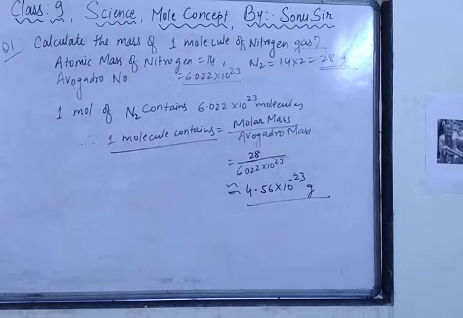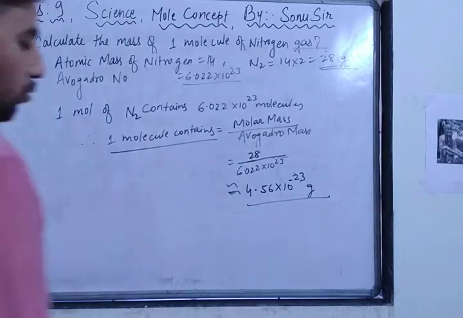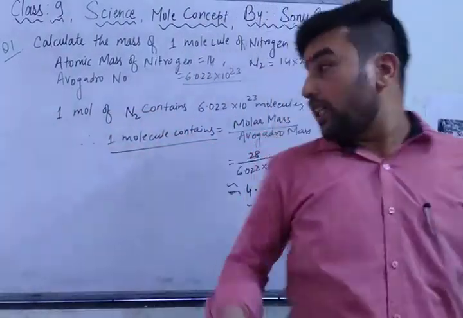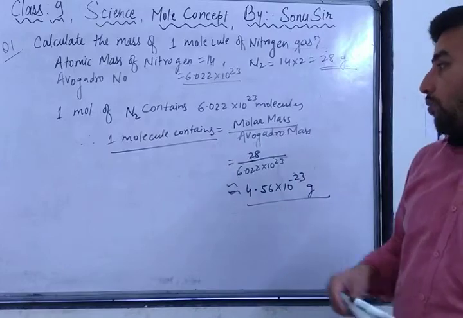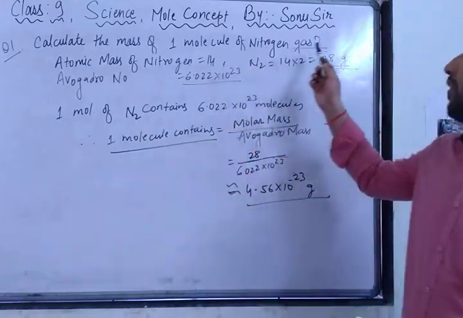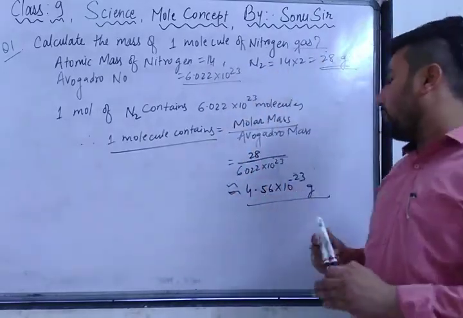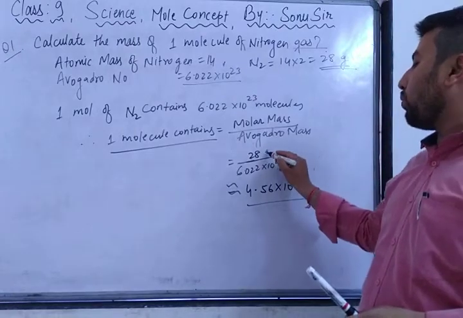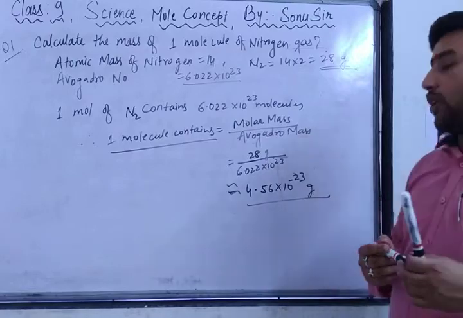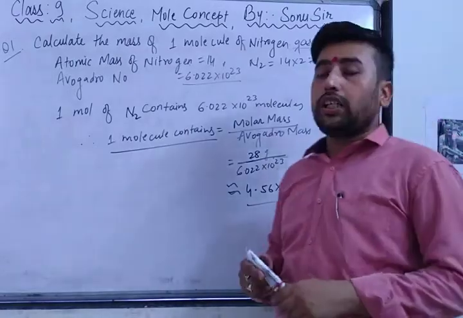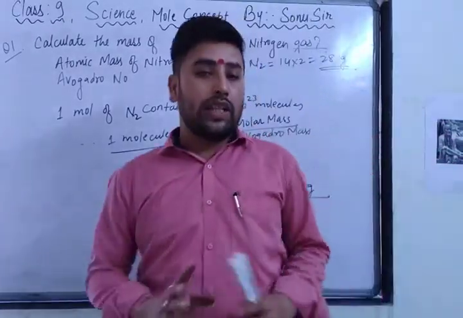Avogadro number 6.022 into 10 to the power 23. 1 mole of nitrogen contains 6.022 into 10 to the power 23 molecules. Therefore 1 molecule contains molar mass upon Avogadro number. Molar mass is the mass given in gram. So here 28 gram upon 6.022 into 10 to the power 23. If we divide, it will be approximately 4.56 into 10 to the power minus 23 gram.